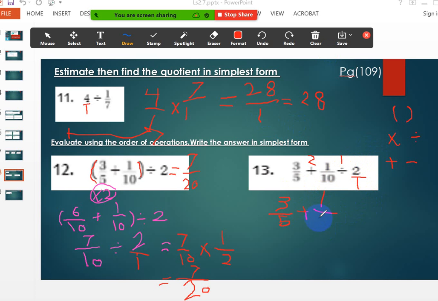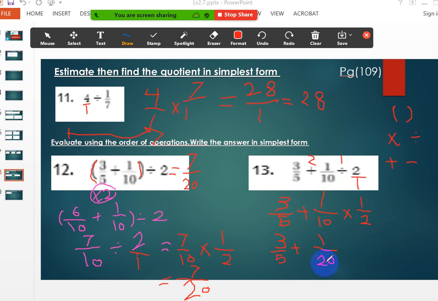It will be 1 over 10 multiply. This one will be 1 over 2. Now I will do this operation, the multiply. 3 over 5 plus 1 multiply 1 equals 1. 10 multiply 2 equals 20.